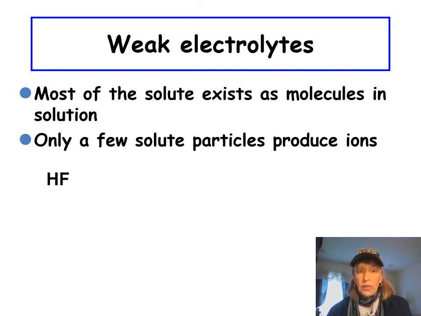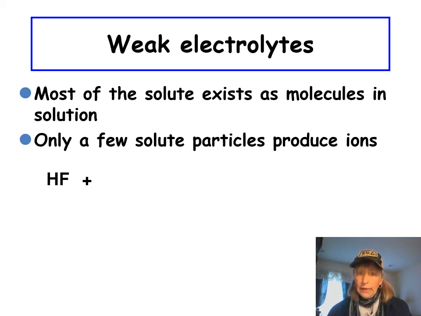Follow closely. Let's take an example of a weak electrolyte. Right now you're going to have two examples of weak electrolytes. We're going to have to tell you such and such is a weak electrolyte so you know what to do to draw an equation. All right, so hydrogen fluoride is a weak electrolyte.